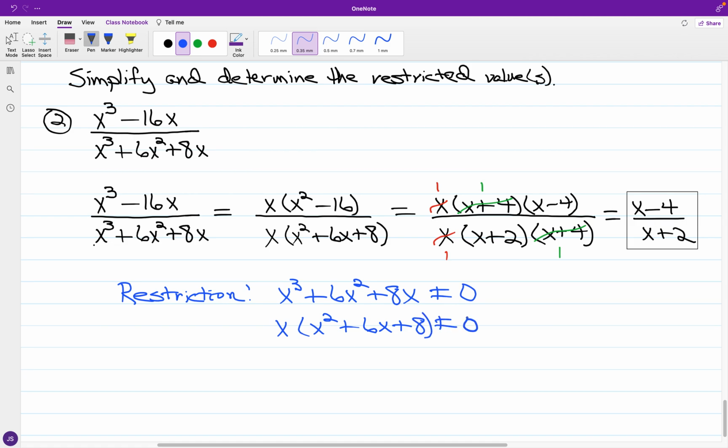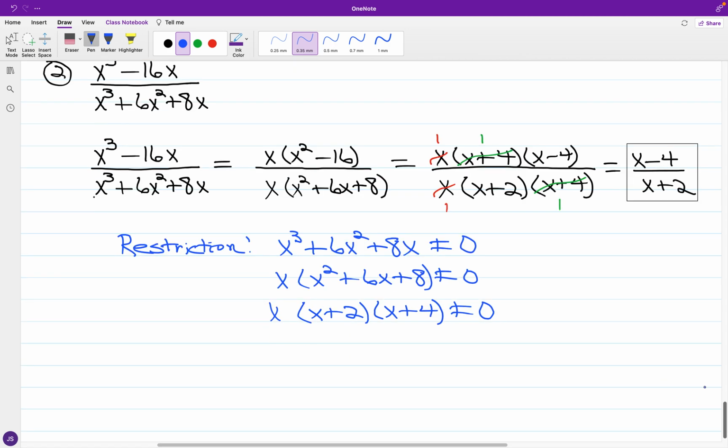Looking at the factors again, x, x plus 2, and x plus 4 cannot be 0. If the whole expression cannot be 0, none of these factors can be 0 either.